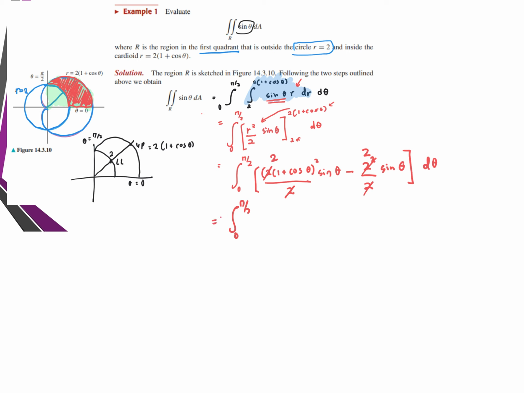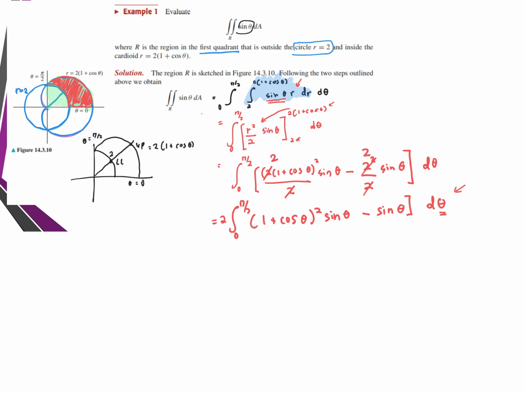We put 2 outside. We have (1 plus cos theta) square sin theta minus sin theta d theta. The next step is we integrate this one with respect to theta.